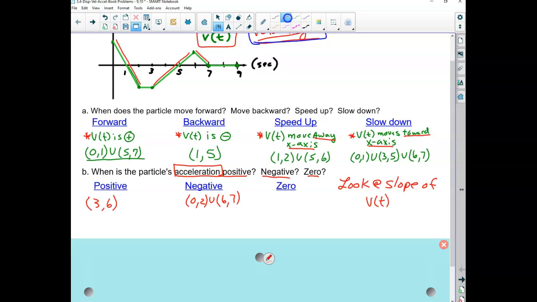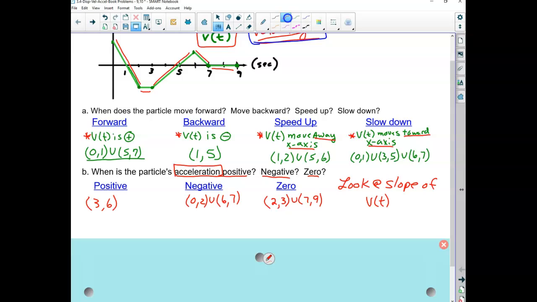When is the particle's acceleration 0? Well, that is when my velocity would be constant, isn't it? So my velocity is constant right there between 2 and 3, and it's constant right there between 7 and 9.